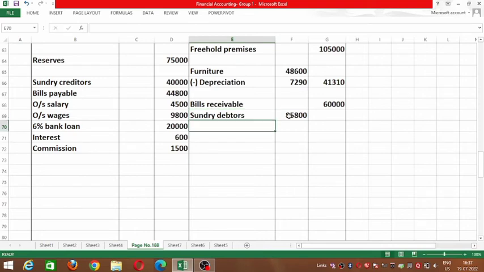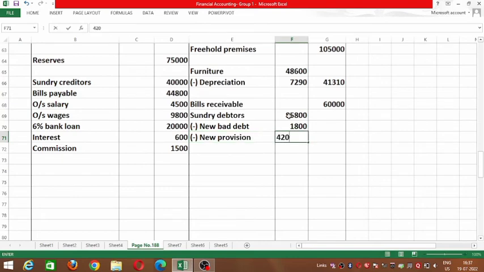From this we need to deduct new bad debt, that is 1,800, and also we need to deduct new provision for bad and doubtful debts. Amount is 4,200.